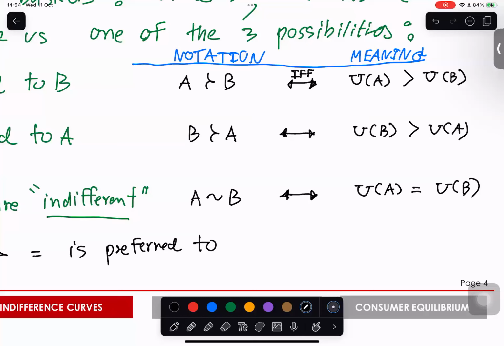So when I use the words, I'm very careful. Satisfaction level. Utility level. Think about the elevator. If you consume basket A here, you will be on the fourth floor. But if you get basket B, you'll be on the second floor, like this.